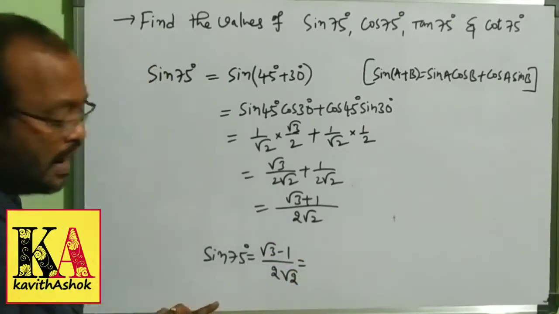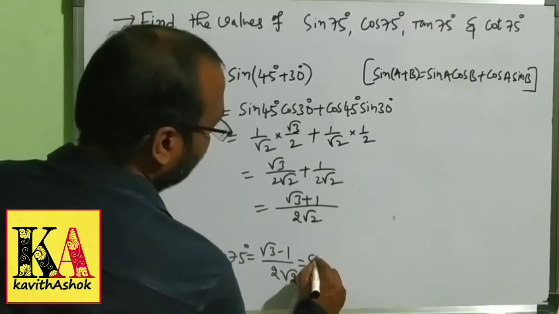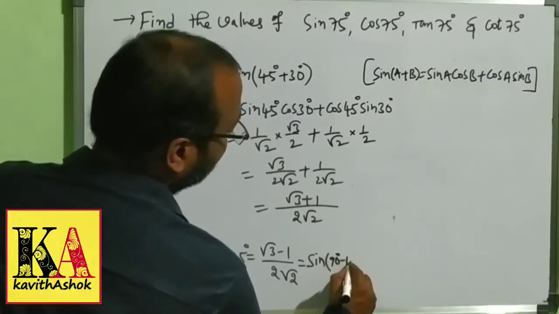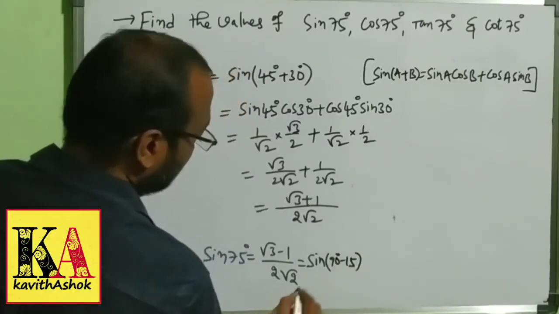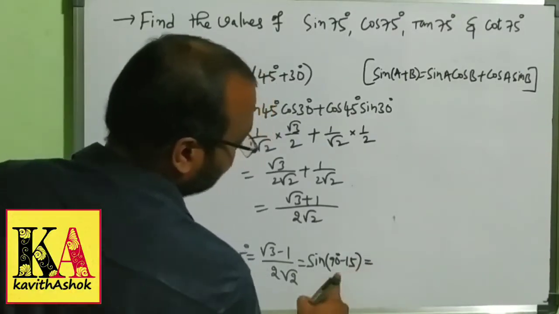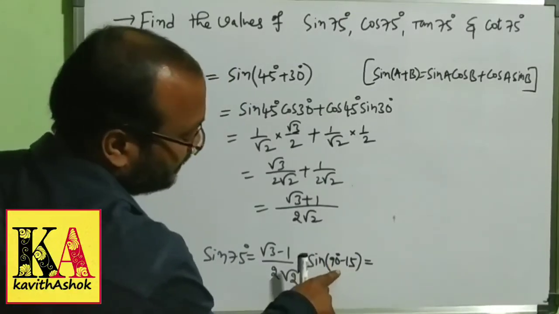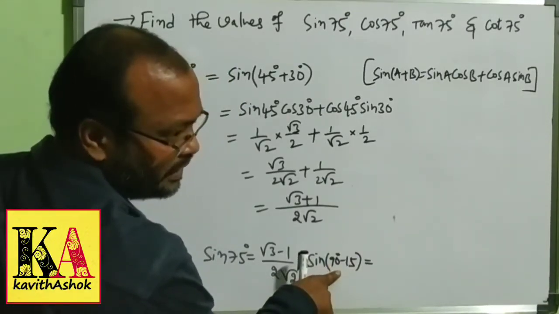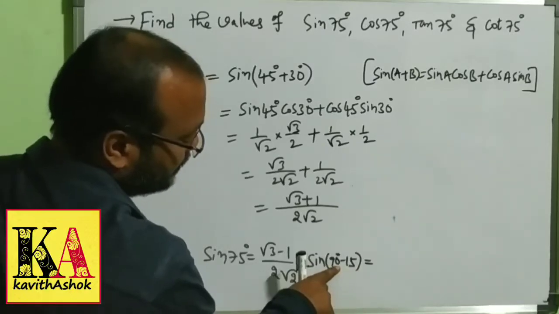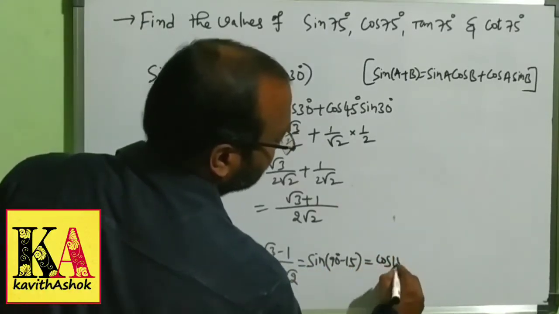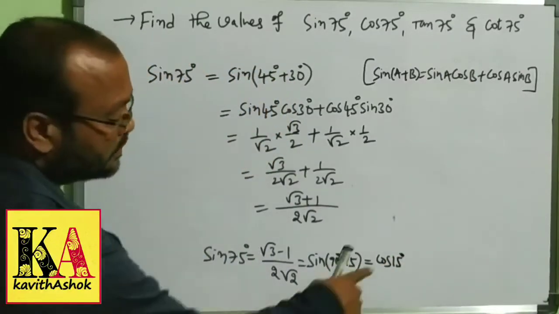We already know sine of 75 can be written as 90 degrees minus 15 degrees. So whenever an odd multiple of 90 is there, according to the ASTC method, sine changes to cos and cos changes to sine. 15 degrees is in the first quadrant, so that's why it is positive.